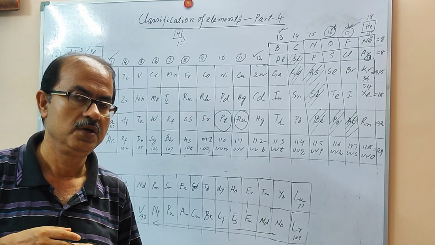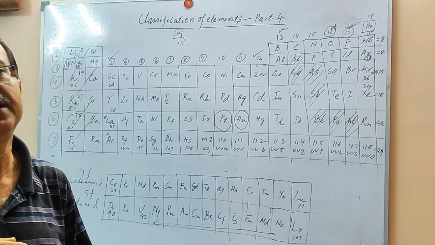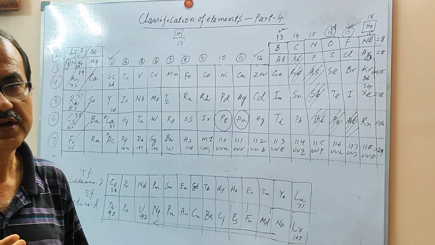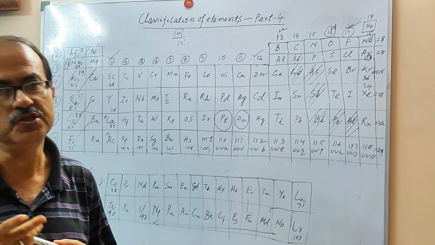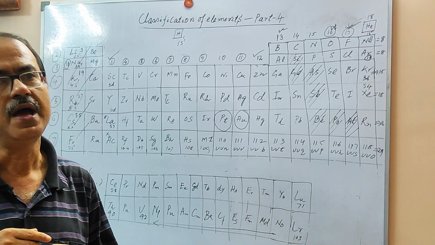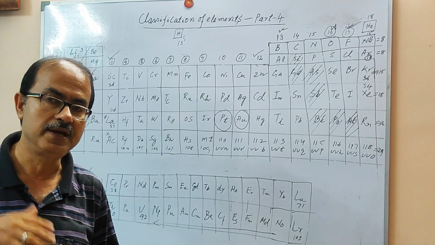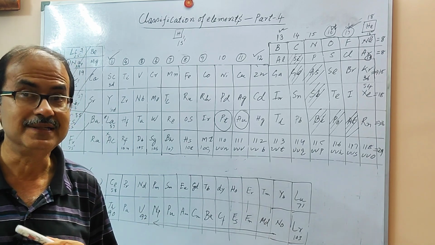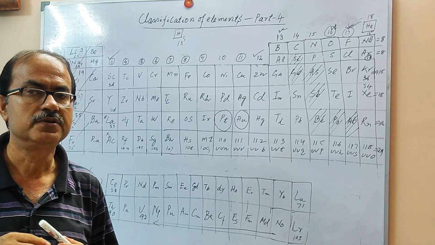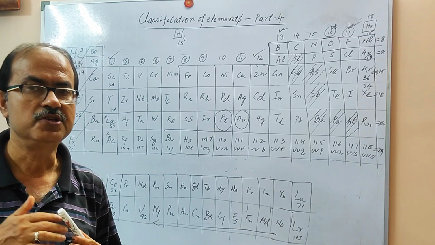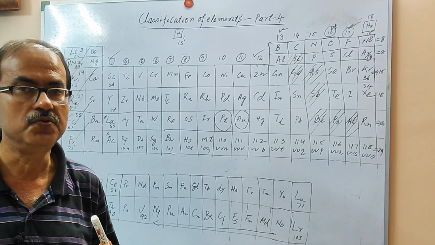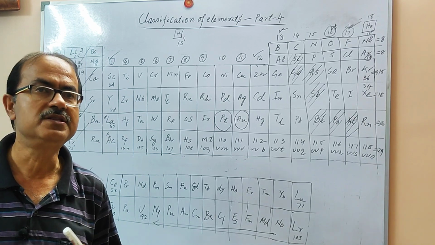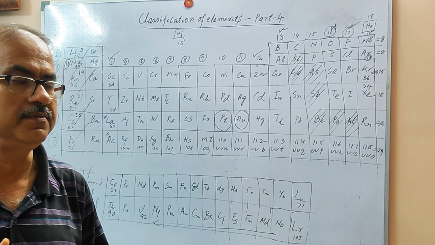You can see from the periodic table that there are 7 periods, and all 7 periods do not have the same number of elements. The first period has 2 elements, the second period has 8, and the third period has 8. The fourth period again has a different number, 18. The fifth period has 18 elements. The sixth period has 32, and the seventh period is incomplete, with 29 elements.